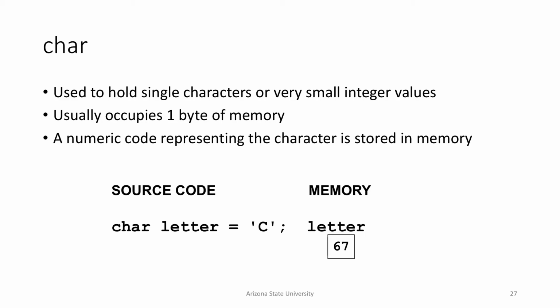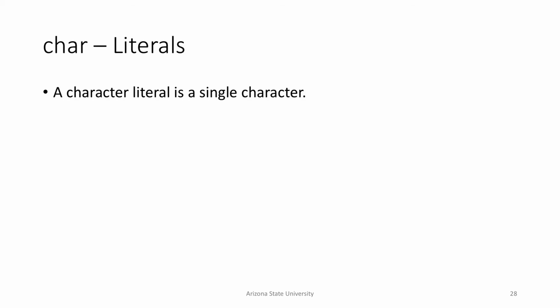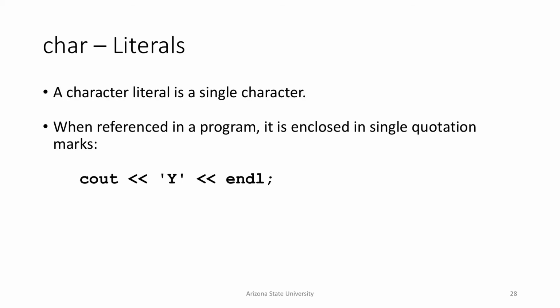I don't want to say int letter equals 67 because someone reading the code will look at 67 and go, I don't know what that means. But if they see the character C there, then it's much easier for the programmer to actually understand what is going on.